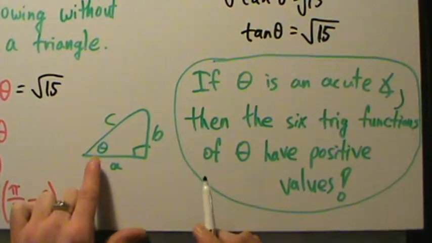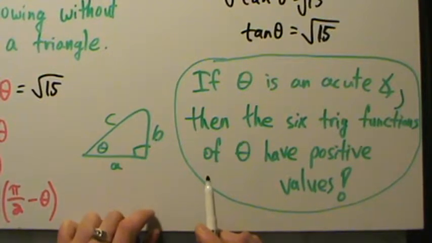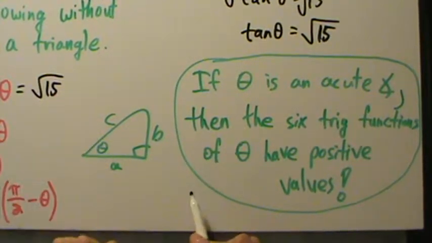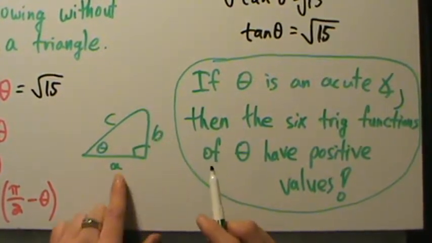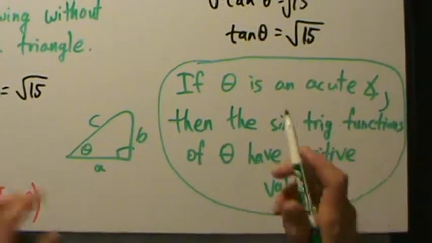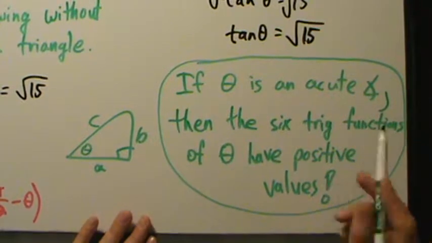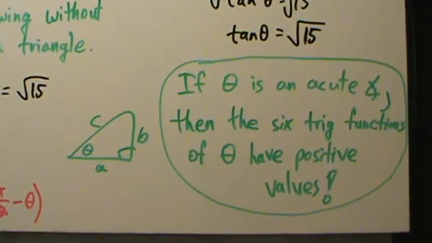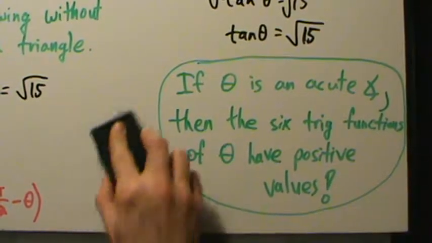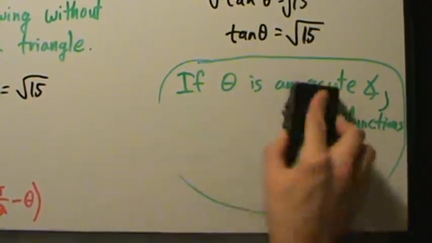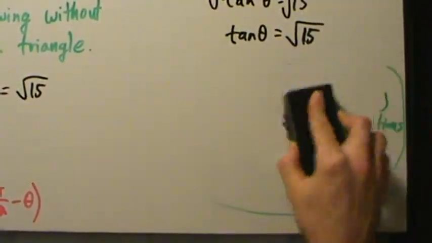So the sine of theta, B over C, is positive. The cosine of theta, A over C, is positive. The tangent of theta, B over A, is positive. So if theta is an acute angle, then the 6 trig functions of theta have positive values: sine, cosine, tangent, cosecant, secant, and cotangent are all positive if theta is acute.